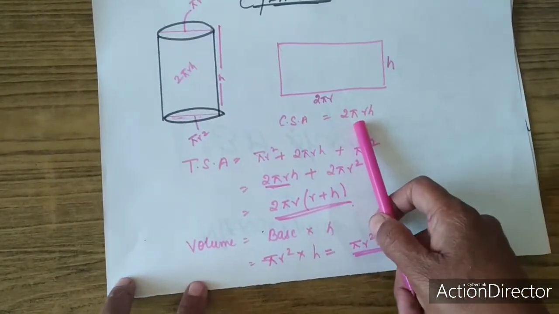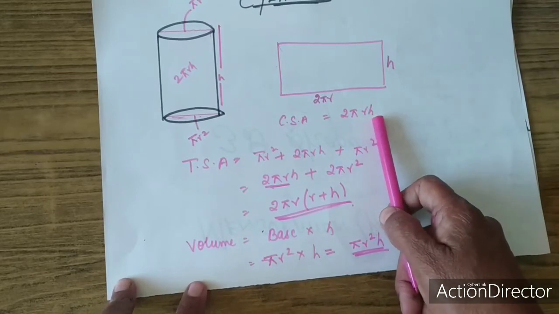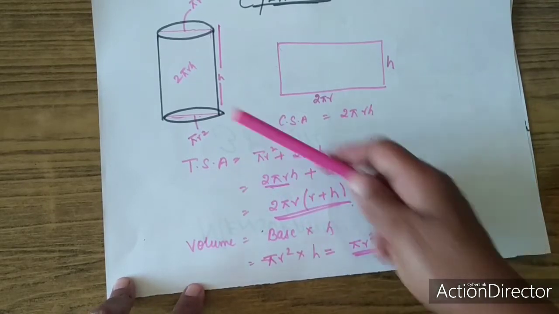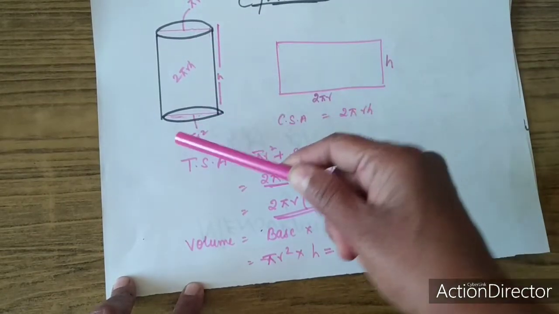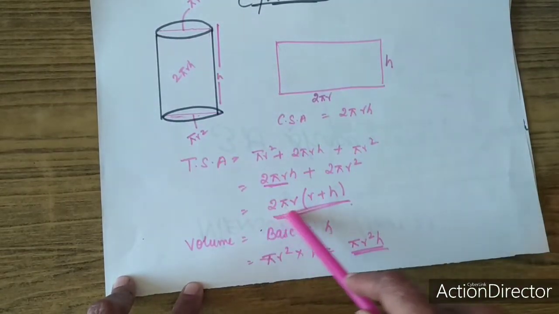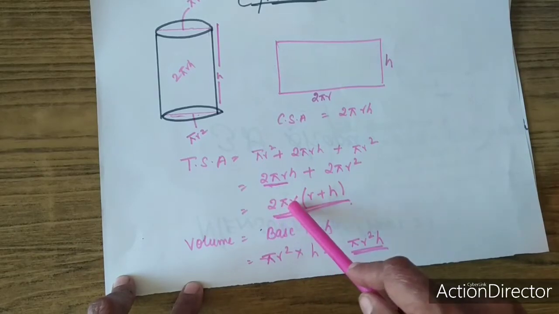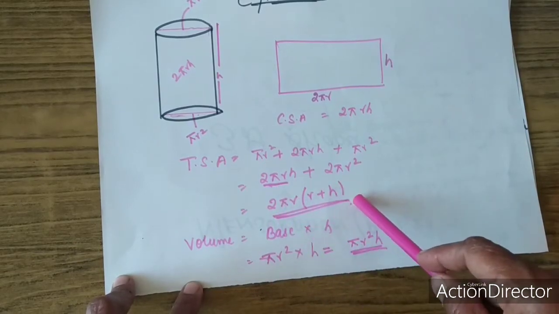So curved surface area is equal to 2 pi r h, and total area is curved surface plus circular ends. So the total final formula will be 2 pi r into r plus h.